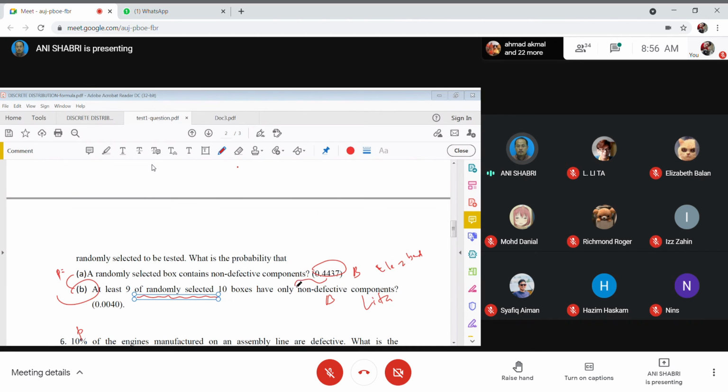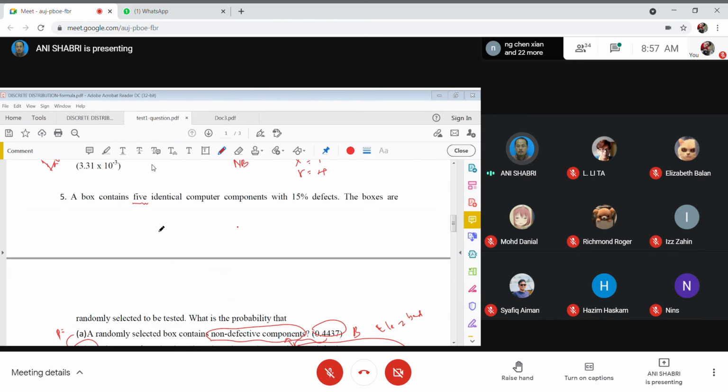After that, use it to solve number B. In number B, this one is only non-defective components, so you must use this information.